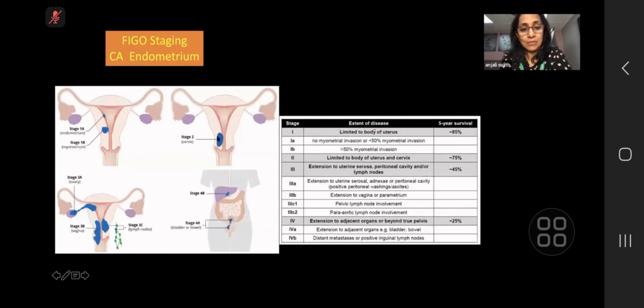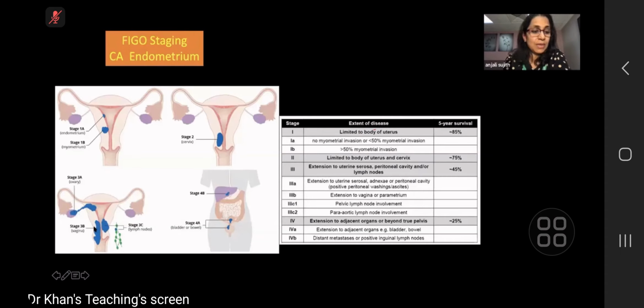In stage 2, it invades cervix. Stage 3, it extends to the adnexa or the ovaries. In stage 3B, extends to vagina and parametrium. And in stage 3C, the pelvic lymph nodes would be involved. And stage 4, there will be involvement of bladder and rectum and distant metastasis.